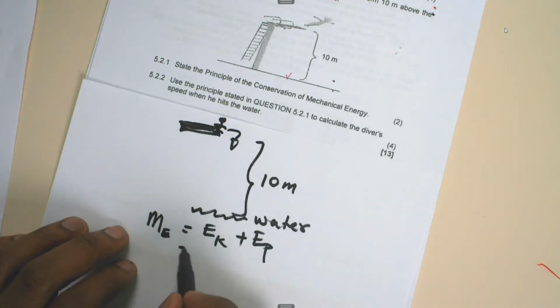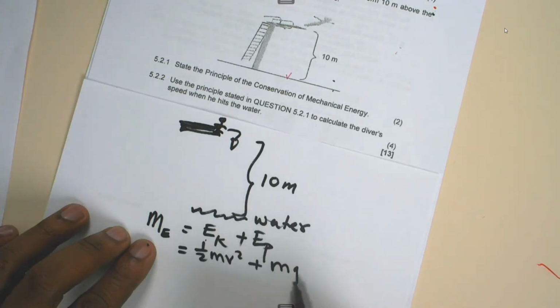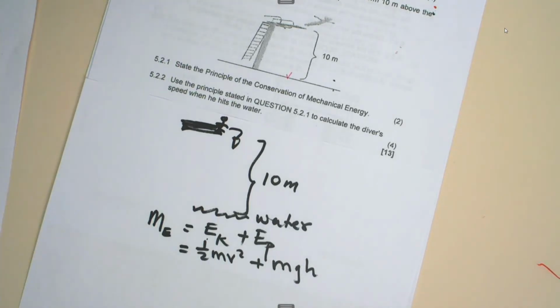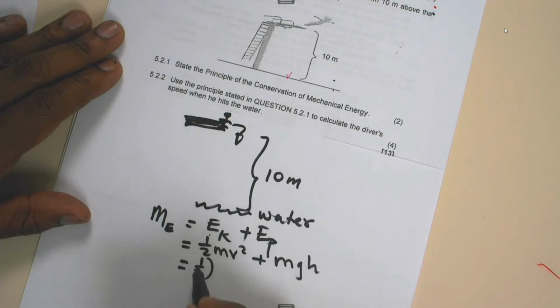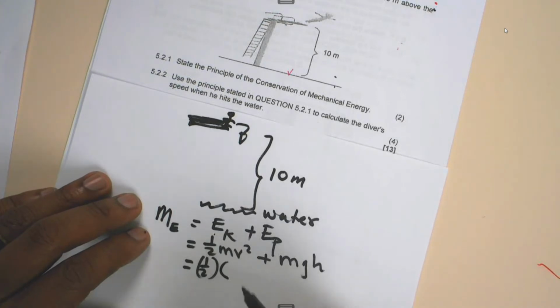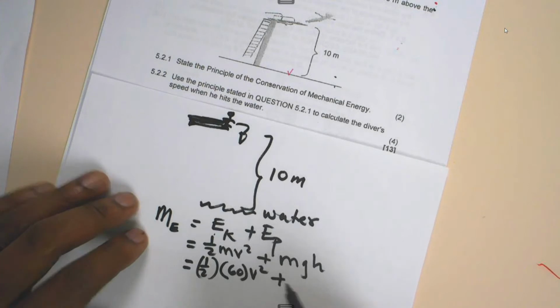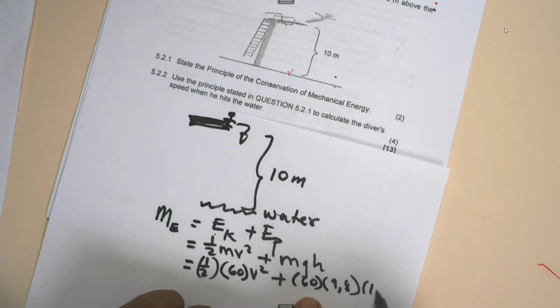And then I therefore say this is half mv squared plus mgh. Then I further go on and say half of the mass of the diver, which is 60, v squared plus 60, 9,8 multiplied by 10.